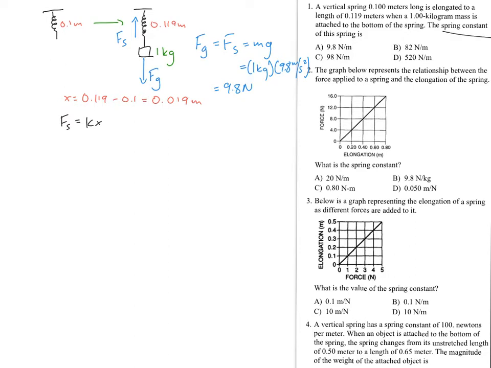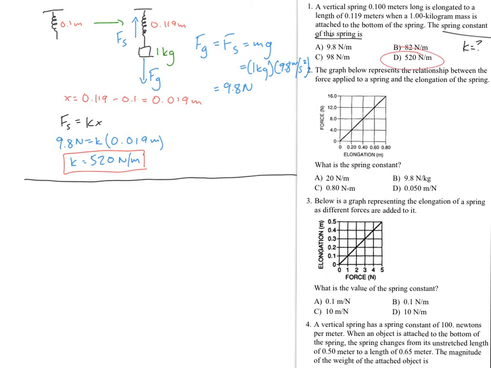We're solving for the spring constant k. So when we plug it in, 9.8 newtons is equal to k times our x of 0.019 meters. Divide those numbers, and k is approximately 520 newtons per meter, and that is our answer. Okay, choice D.